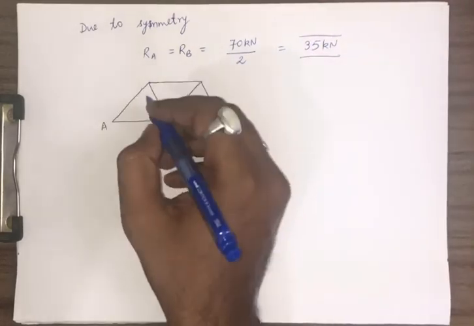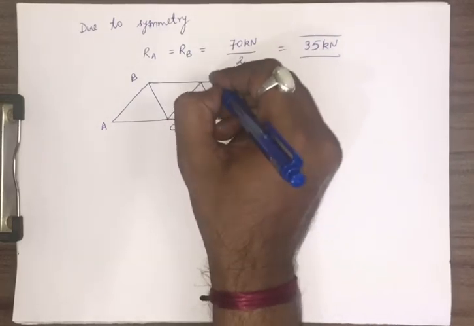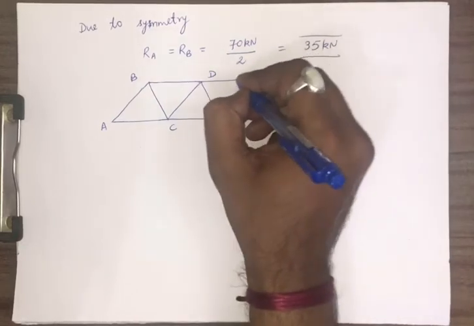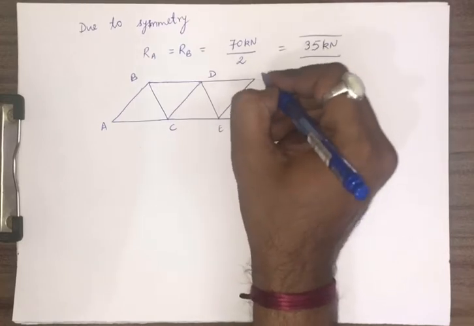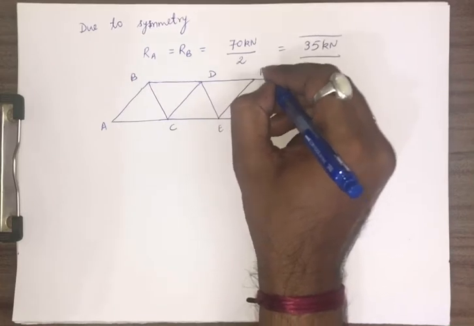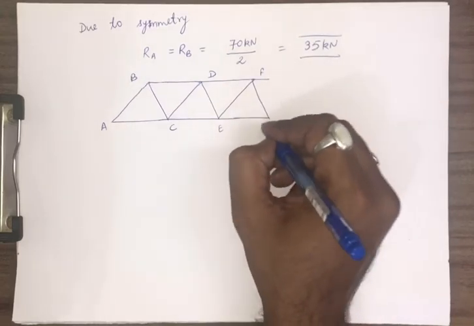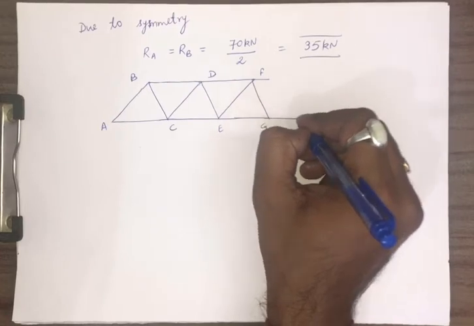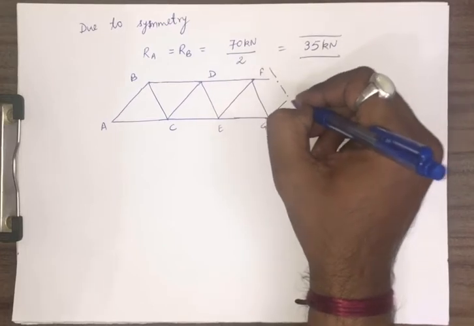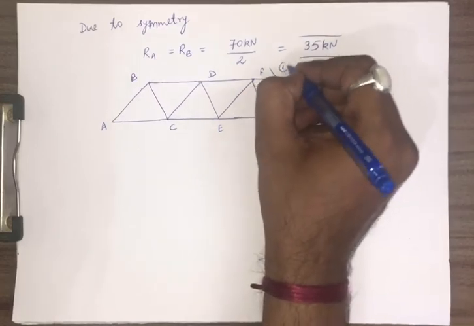So here it is A, B, C, D, E, this is F, okay, here it is F, this is G, and here is our section line, which is 1 1.